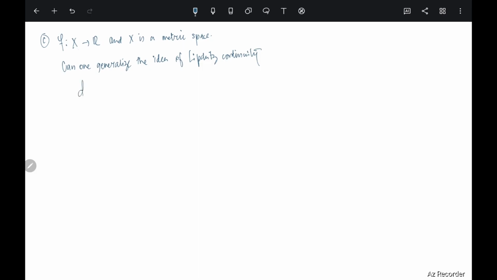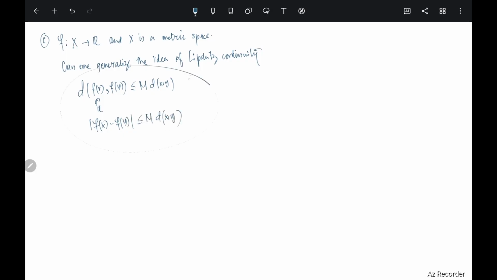Once it is a metric space, this has a metric, right? So what you do is this: d(f(x), f(y)) should always be dominated by M times the distance of x and y. And since this is in R, this can be written like this: |f(x) minus f(y)| is less than or equal to M times the distance between x and y.